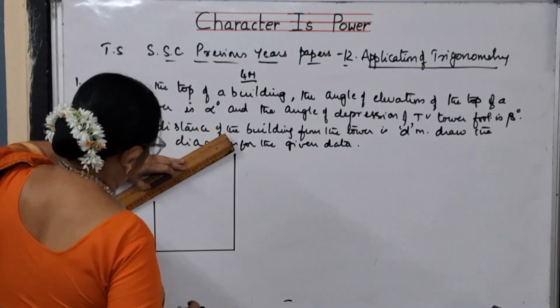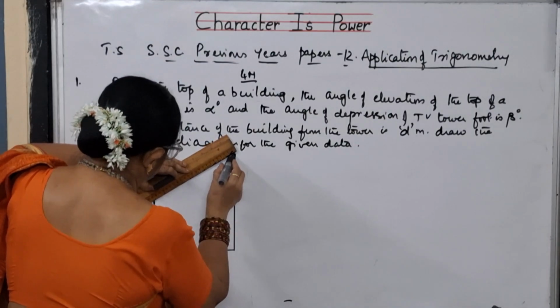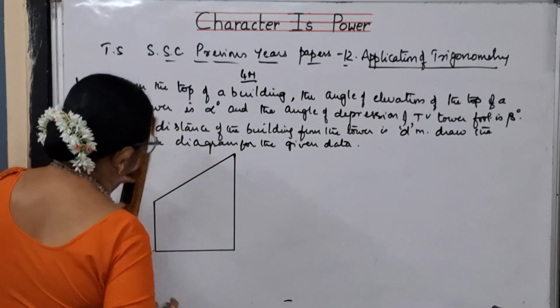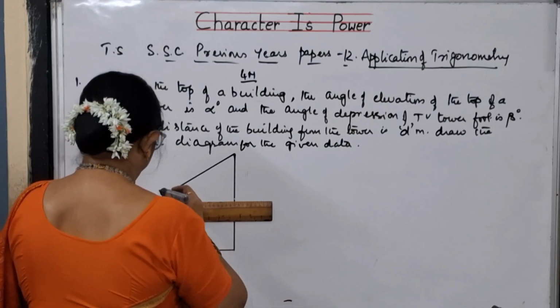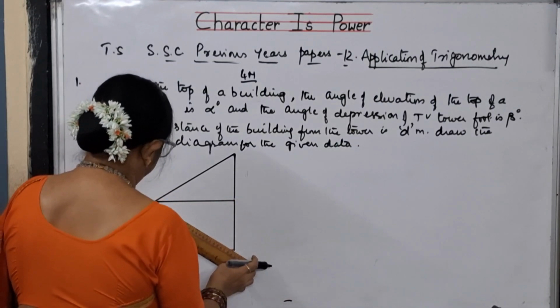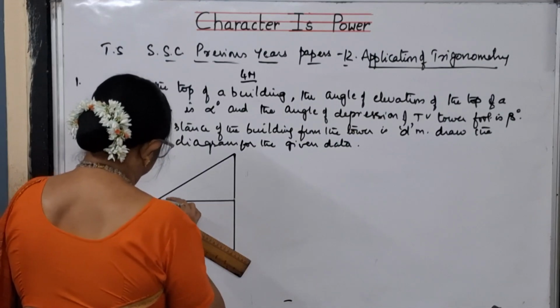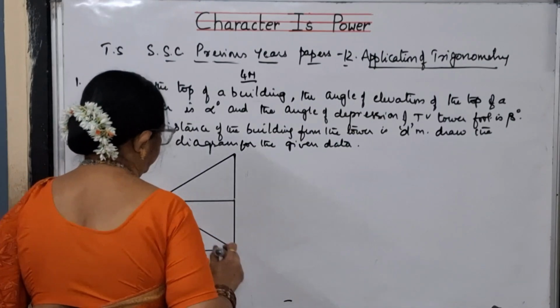Then it is having an observation from the top of the building, angle of elevation, and we have angle of depression. Depression downwards. So this is angle of depression.